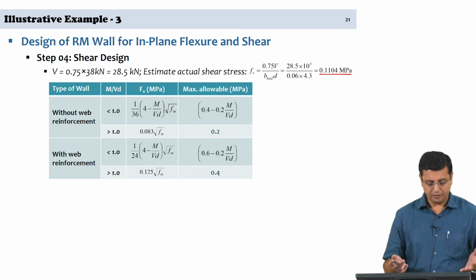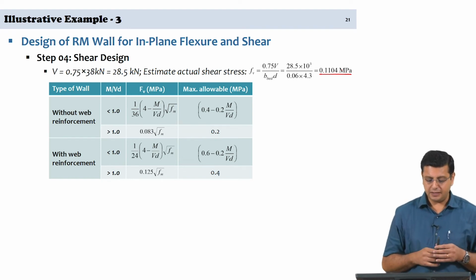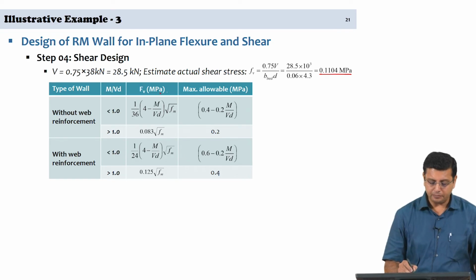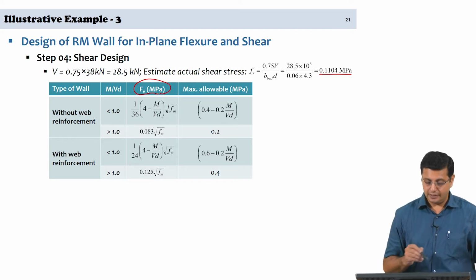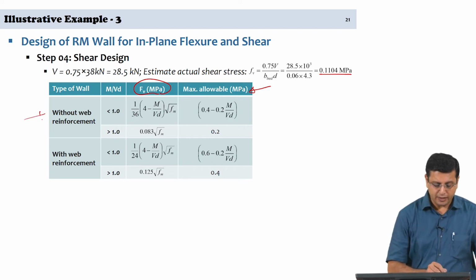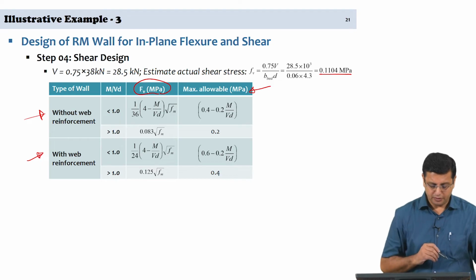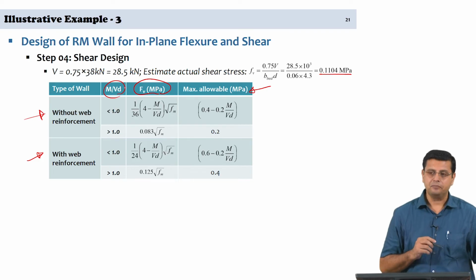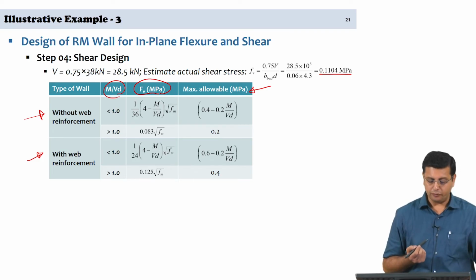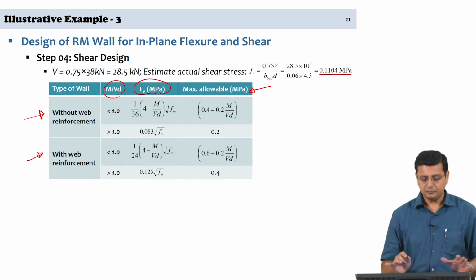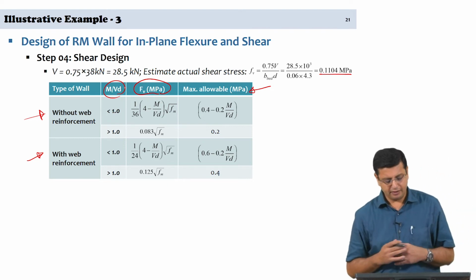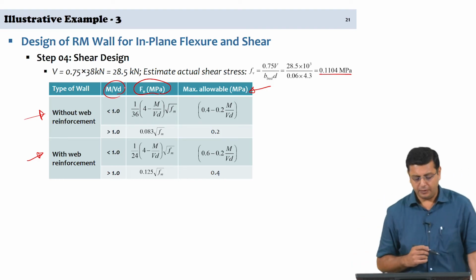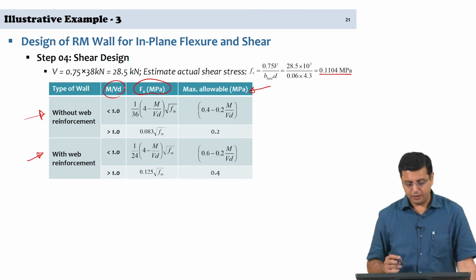Now, if you remember the considerations that the code makes in terms of the allowable shear stress and the maximum value of the allowable shear stress for different conditions, without and with web shear reinforcement, primarily affected by the aspect ratio of the wall, or the M by Vd ratio of the wall, we need to choose the allowable shear stress and the maximum allowable shear stress.